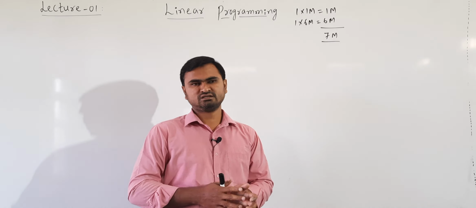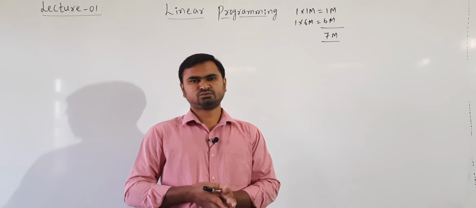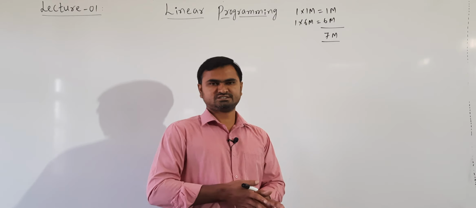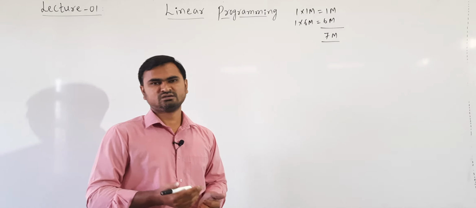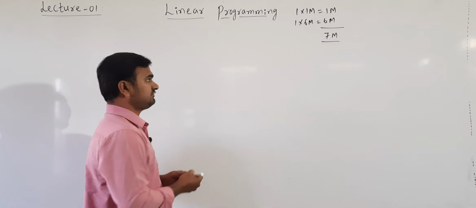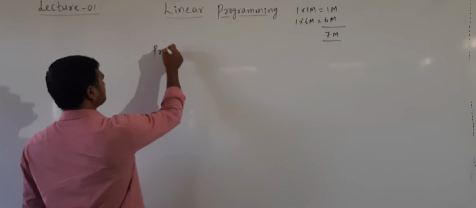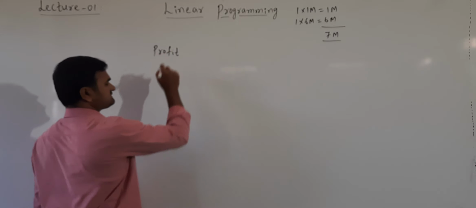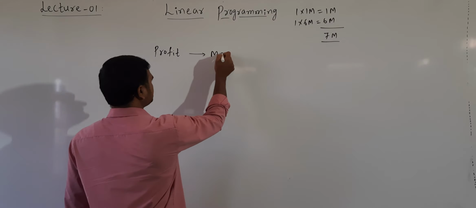What is the main objective or aim of any business? Getting the profit. The profit should be maximum. So we are maximizing some quantity; here it is profit, and we have to maximize it.